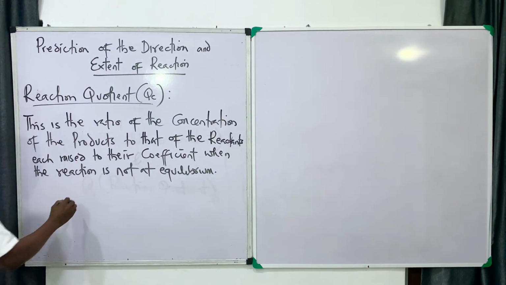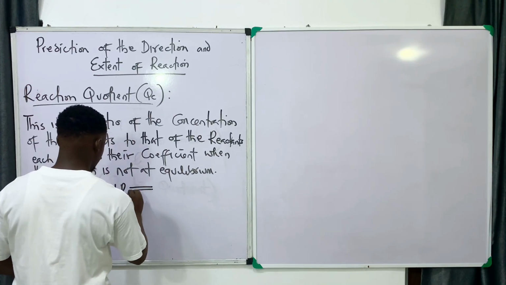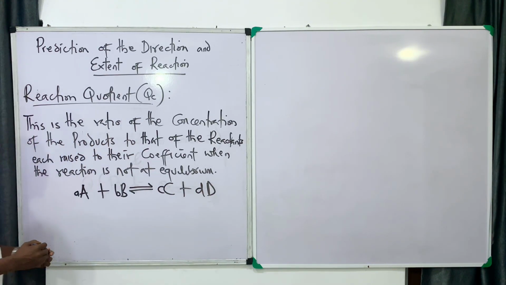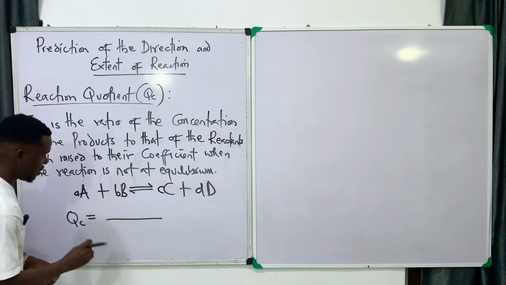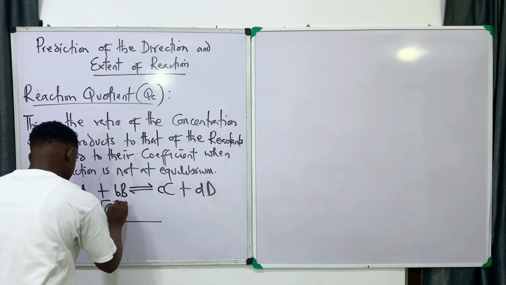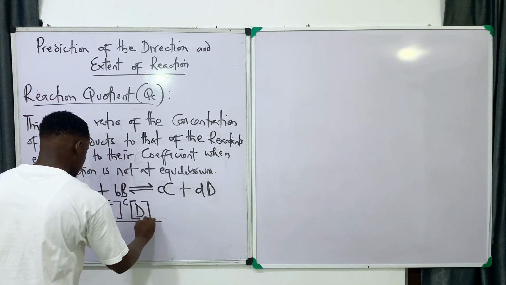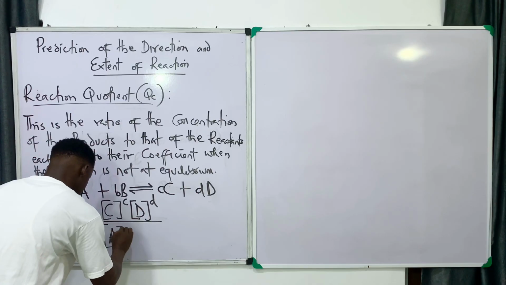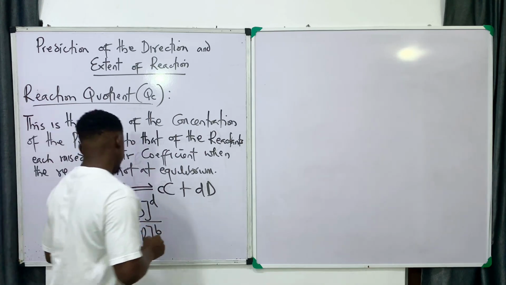So let's say, for example, I have A plus B. Our Qc, that is reaction quotient, will be the concentration of the product, in this case C, raised to the power of small letter c, over the concentration of the other one.